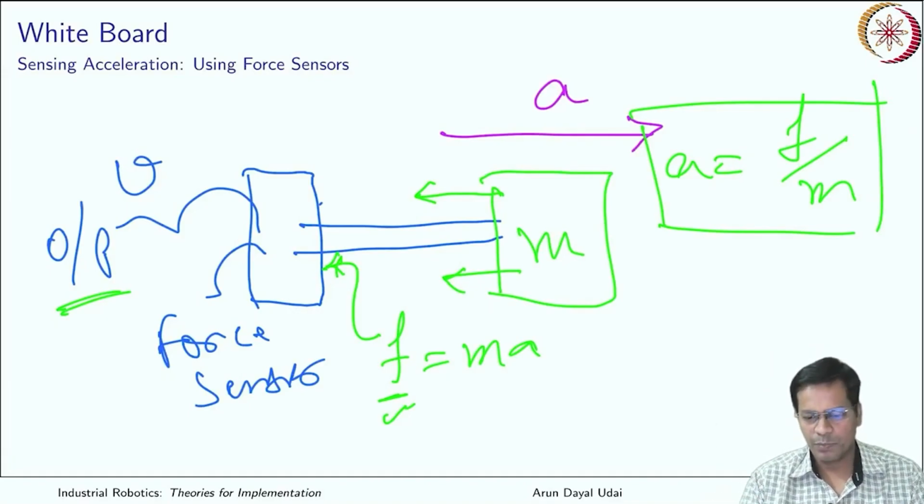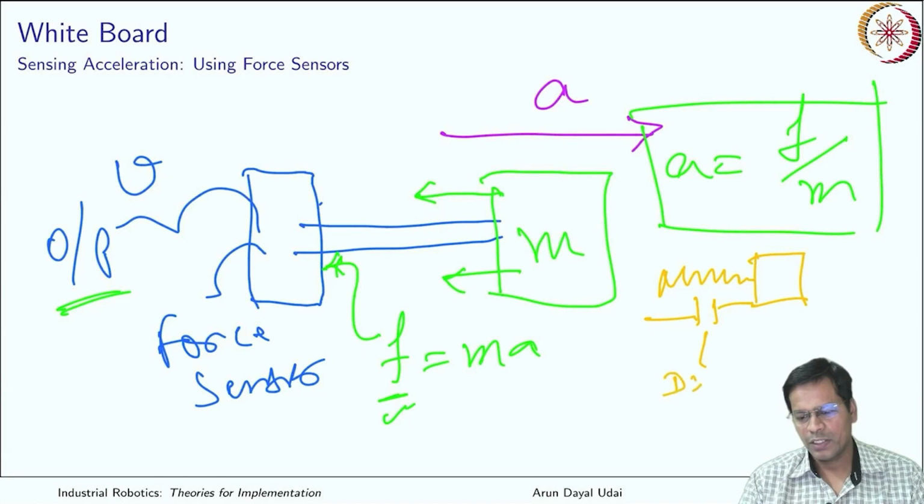Similar is the case when you have a spring. In this case you have a spring, you have a mass, and maybe you have a sensor here which can measure the displacement. If I make the whole of this mount move with an acceleration a, this displacement will be reduced.